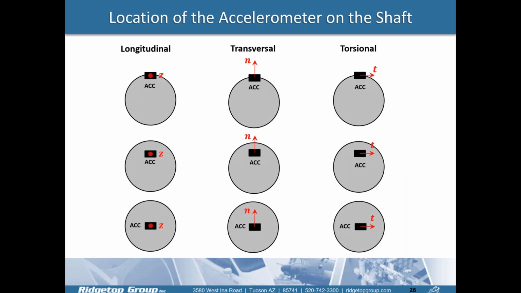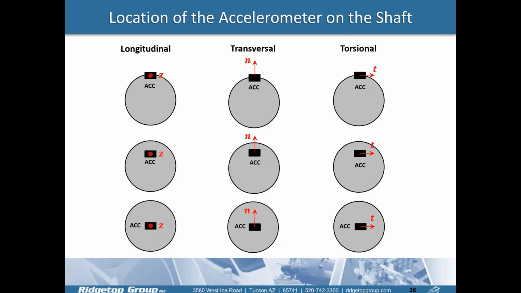So we have three cases of fault. Then we have nine cases, where in each case we mount the accelerometer in a specific location and measure in a specific direction. The first column is all related to the longitudinal vibration, where, as we know from the theoretical part, there should not be any good signal.